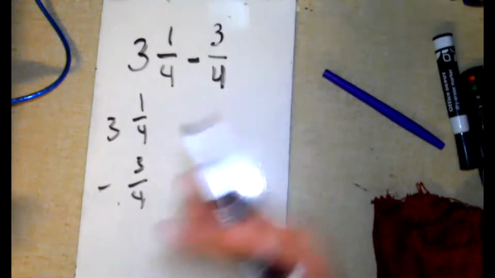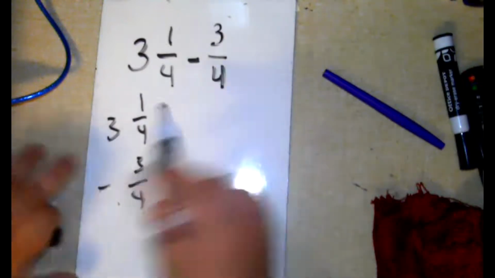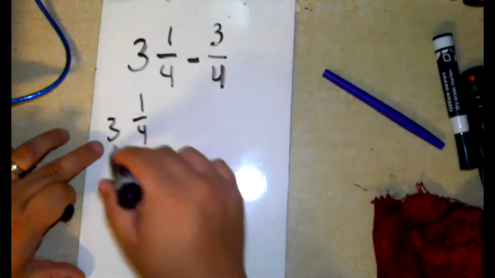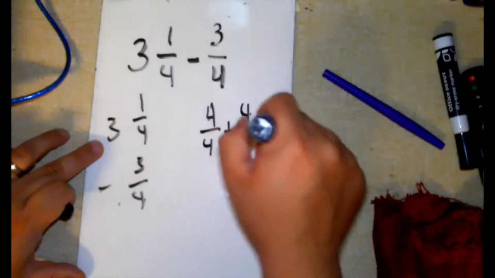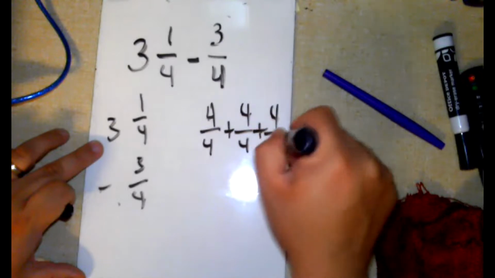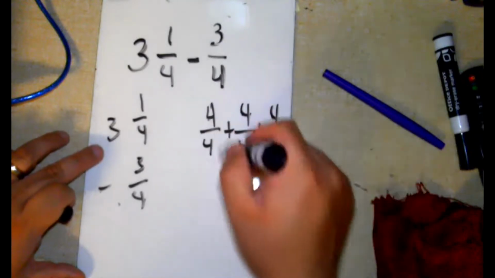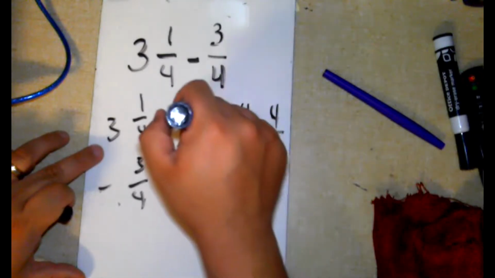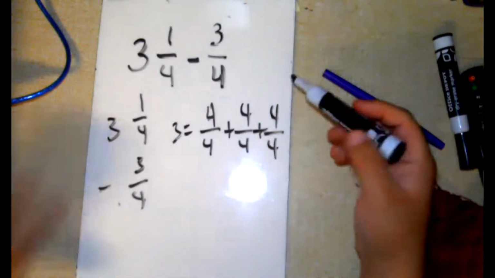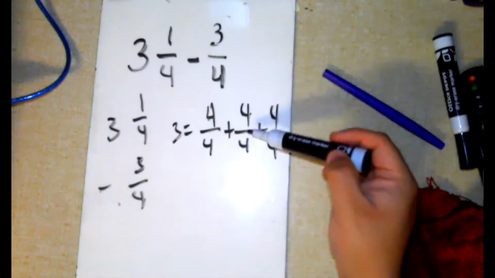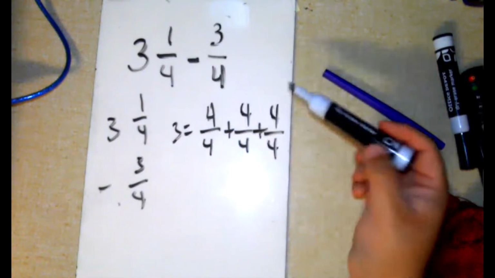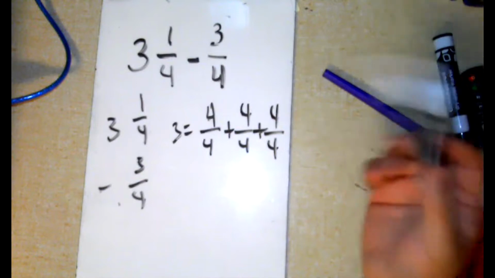Okay, but now here's another strategy you can do. Remember we talked about this 3 right here? Remember that 3 is what? 4 over 4, because 4 divided by 4 is 1, 2, 3. Now what can we do instead?